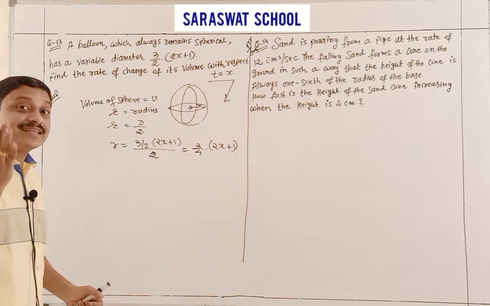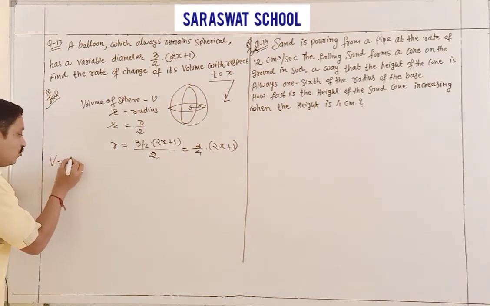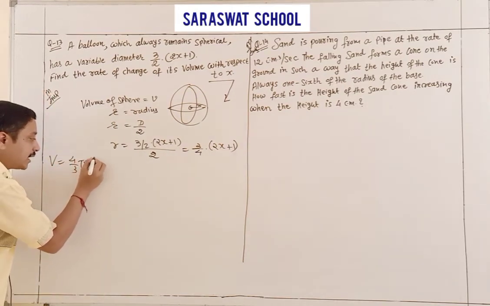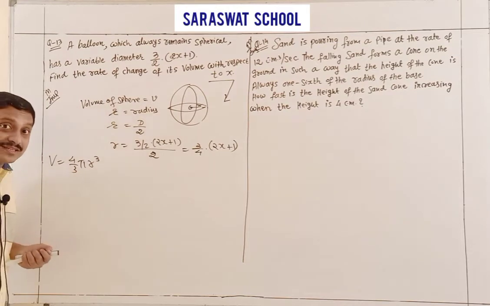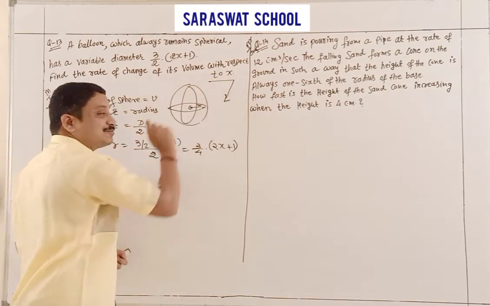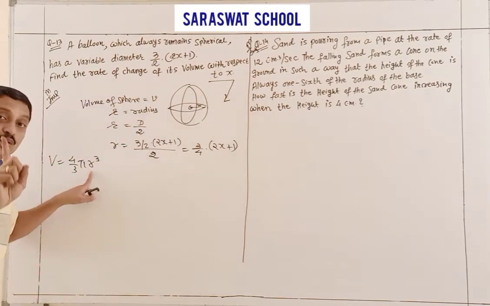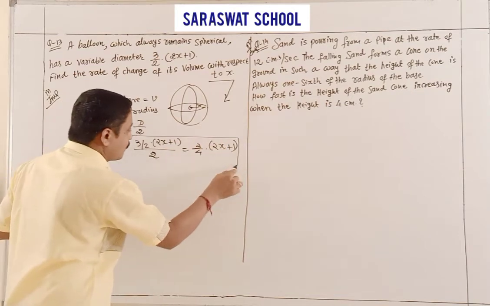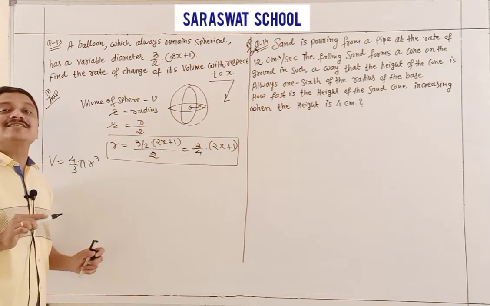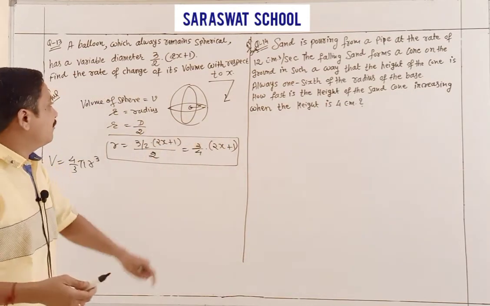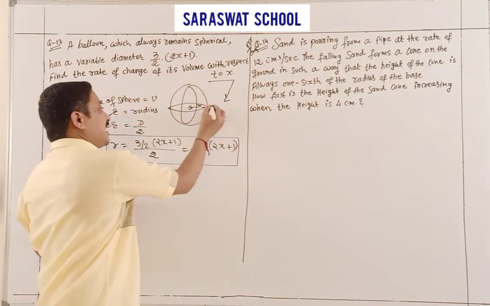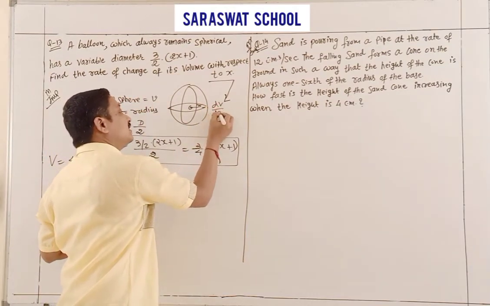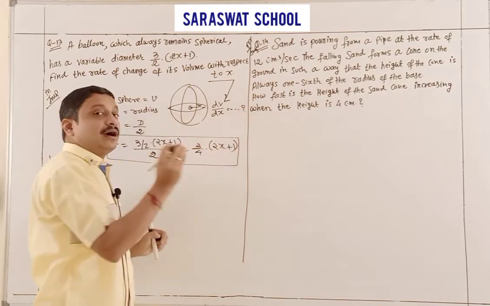And now let's start. Volume V is 4 upon 3 pi r cube. Students, you wait. You can't take the derivative directly with respect to x because you have no term in x. That's why I put this r in x terms, and my target is dv versus dx. This is my target. Yes, students, you are clear about your target.